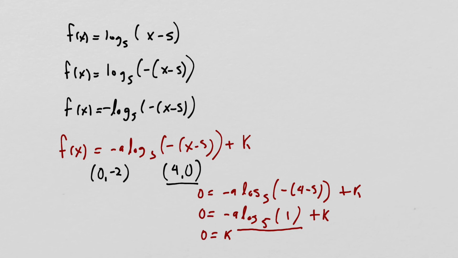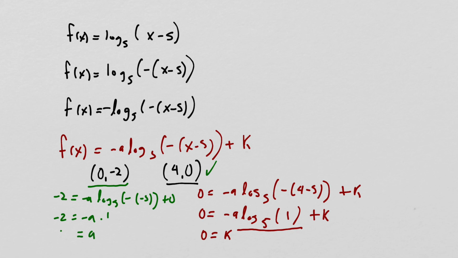Alright, so let's go ahead and evaluate our function at this point here. So we'll get -2 is equal to negative a times the log base 5 of negative (0 minus 5), plus 0. So the log base 5 evaluated at 5 is 1, and this gives us -2 is equal to negative a times 1.